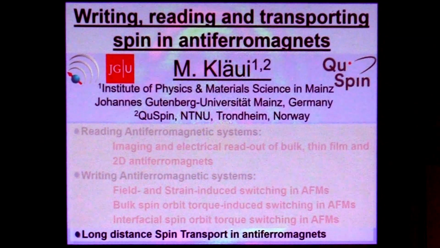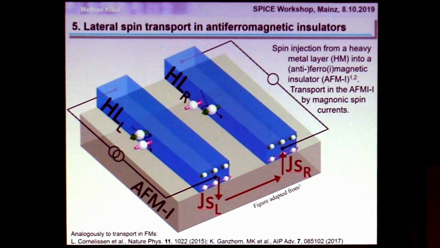Okay, and now for the last five minutes, just some update on long-distance spin transfer in antiferromagnets. I guess some of you have seen the presentation that we've given on the paper that we published on bulk hematite, where essentially we have two heavy metal strips on top of an antiferromagnetic insulator, which in our case is hematite, alpha Fe2O3.